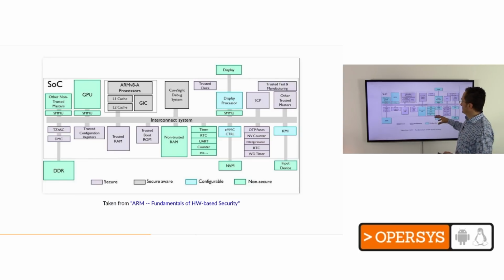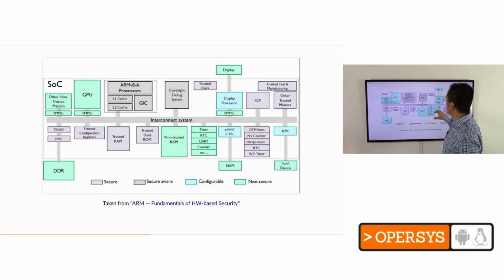Okay, and so here's yet another diagram from ARM showing us the secure versus non-secure world versus the configurable world. So trusted RAM, trusted boot ROM. Here we have effectively the initial bring up of the processor that allows us to get into a secure mode of operation. And then you can see all this green stuff, or greenish, or cyan colored, I don't know how that'll show up on your side.